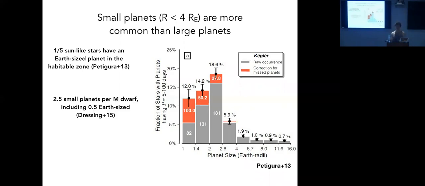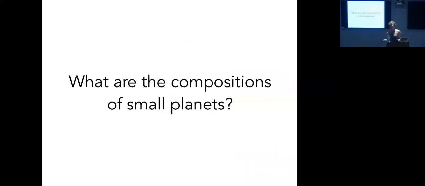The commonality of small planets extends to M-dwarfs as well. So while we know that small planets are common from Kepler, we don't know their compositions. And this is because although these planets are very common in the galaxy, measuring their masses is challenging.